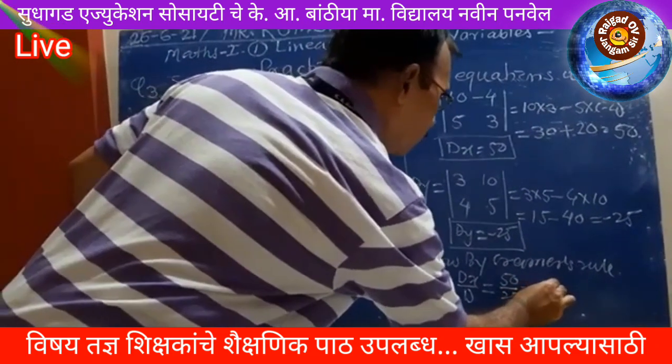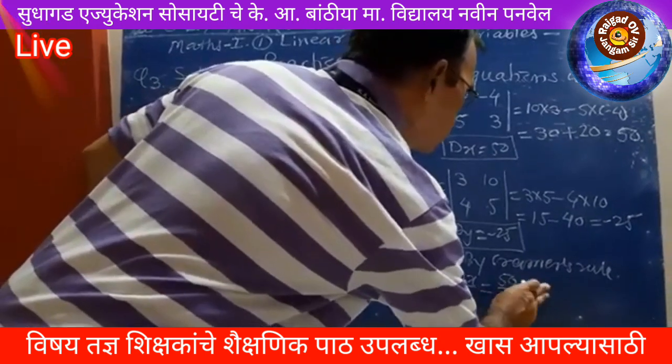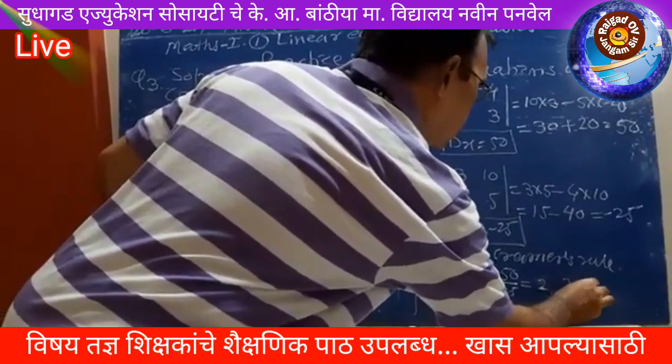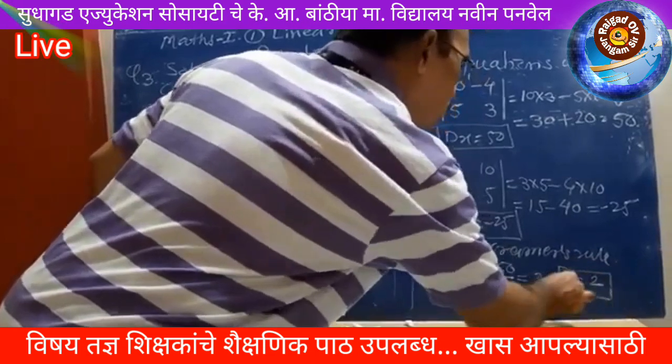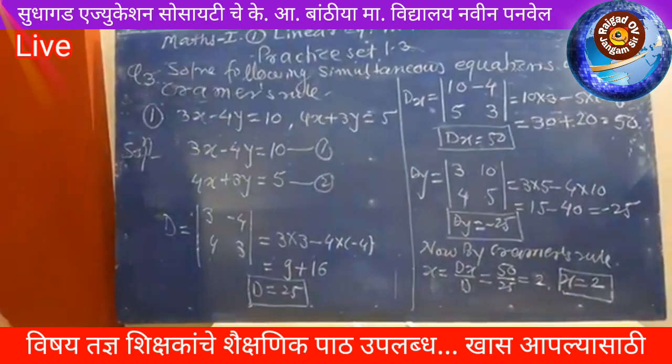25 twos are 50, means x is equal to 2. This is the value of x.